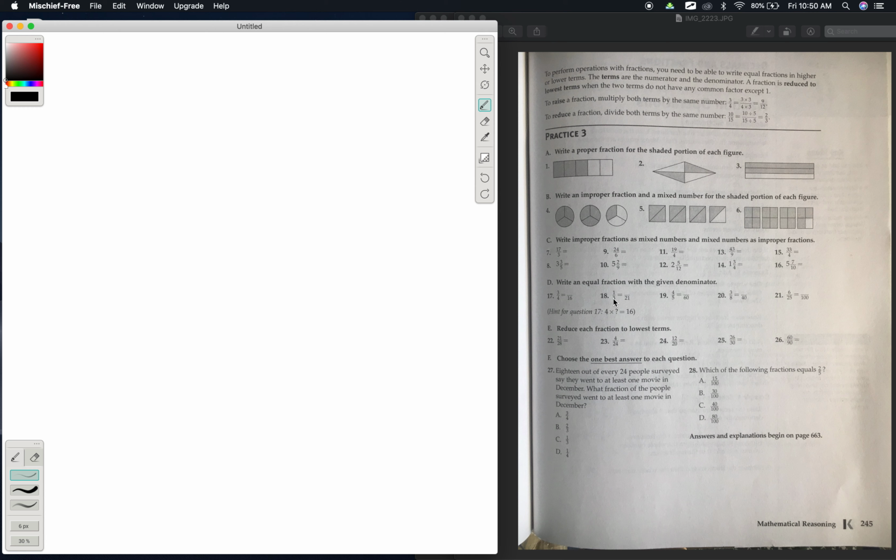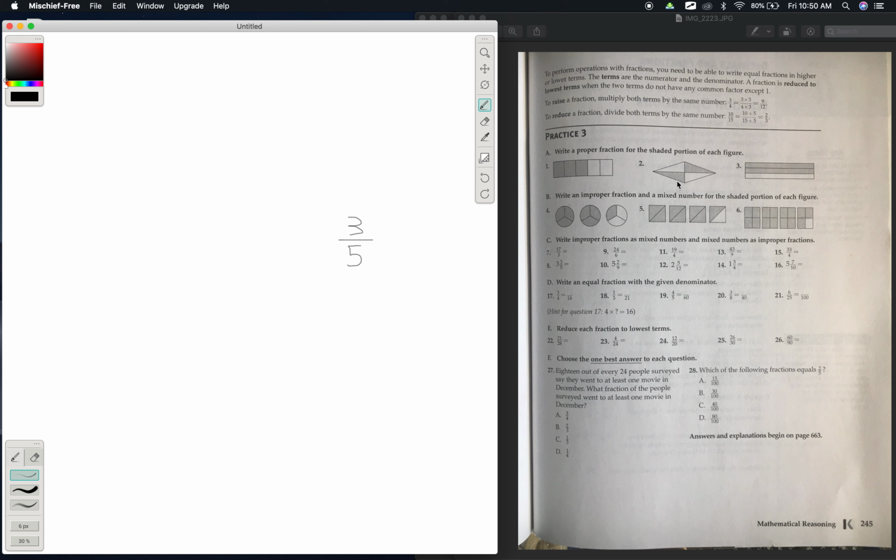An improper fraction would be, well, we'll read that when we get to it. Write a proper fraction for the shaded portion of each figure. So let's see, this complete unit here requires 5 pieces, but we have 3 of those 5 pieces. So how do we tell people that? We have 3 out of 5.